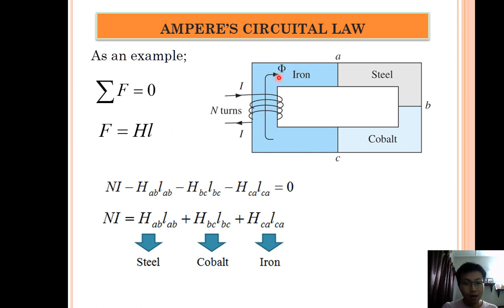So for example, now we go with Ni. We see the second equation, which will be easier. The Ni generated will distribute to the steel, cobalt, and iron.